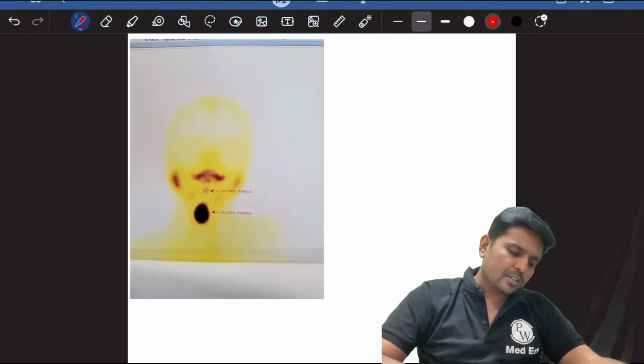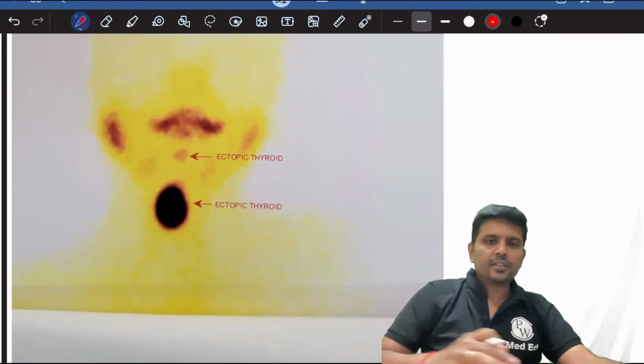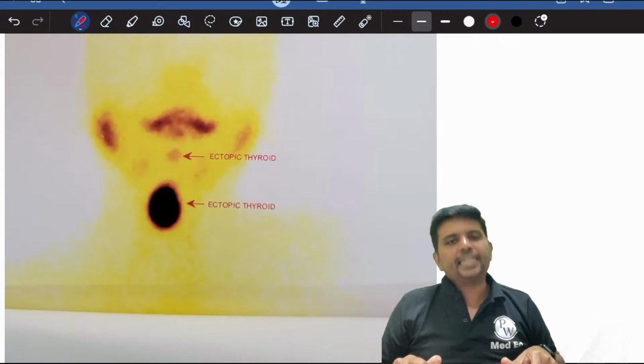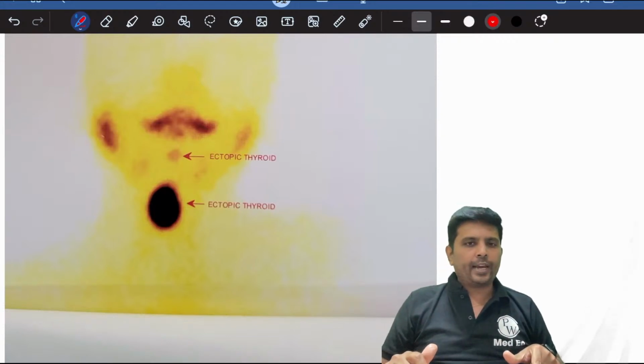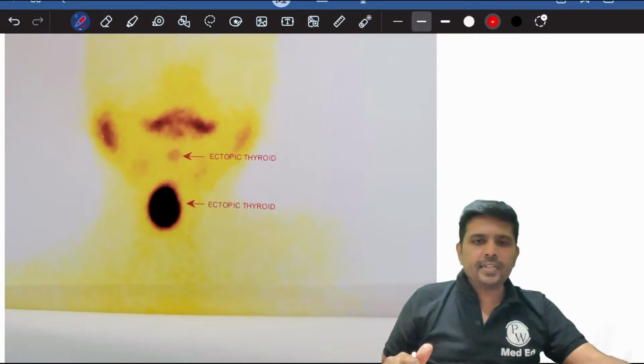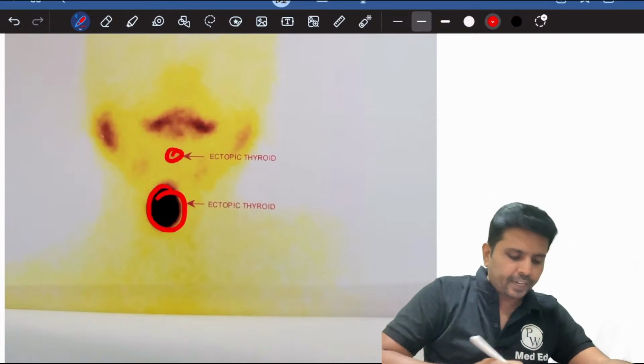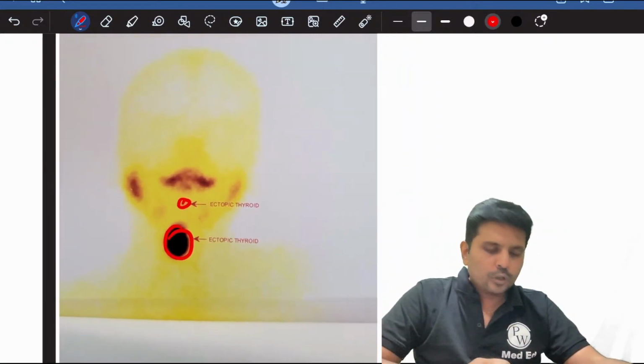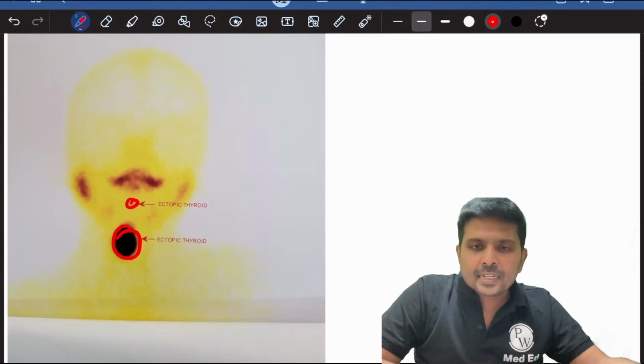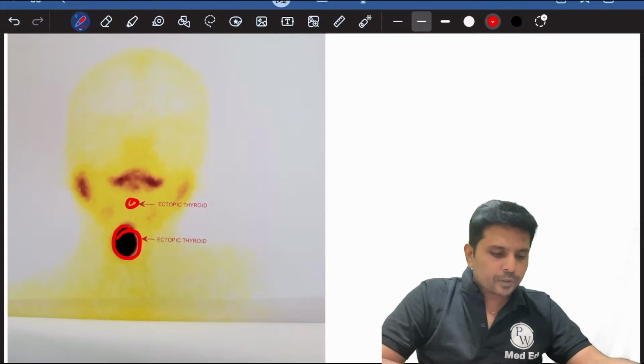So how does this look? Look, this is how a thyroid scintigraphy will look like. And here there are two ectopic thyroid tissues.